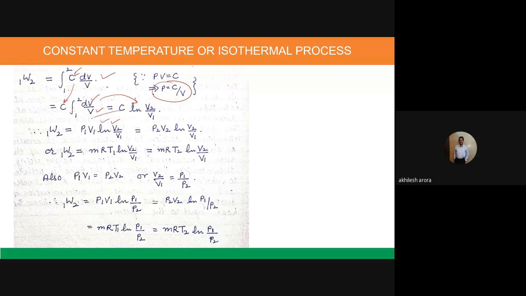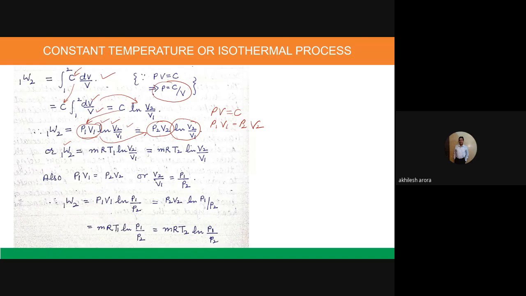And then this C will be equal to P1 V1 log V2 by V1. And I have already told you that this is the process PV is equal to constant. So P1 V1 is equal to P2 V2. So I can replace this P1 V1 by this P2 V2 also. So log V2 by V1.